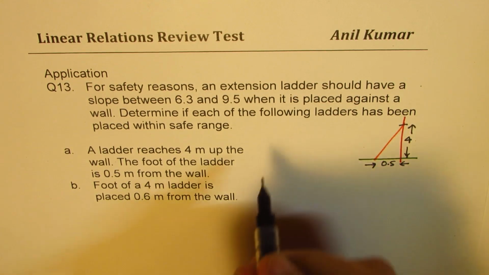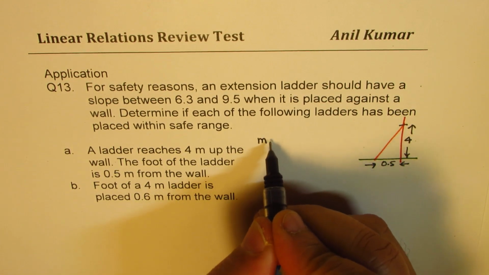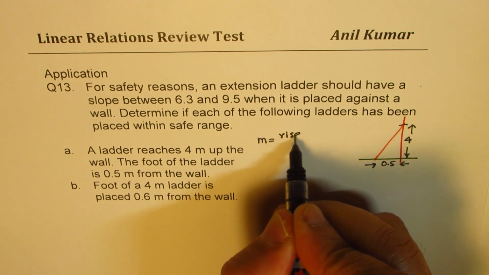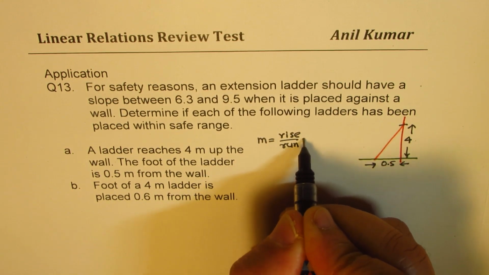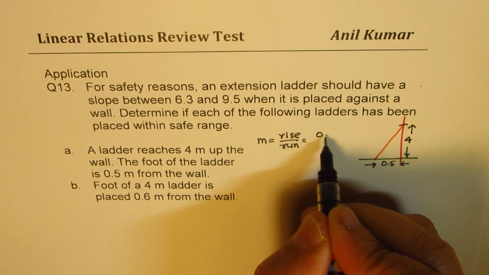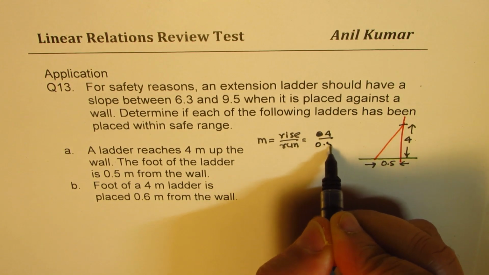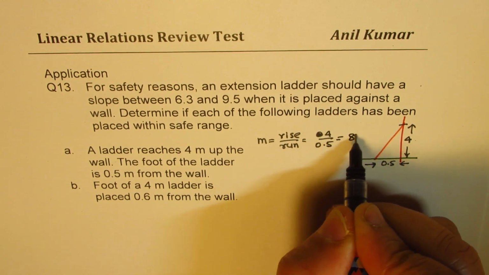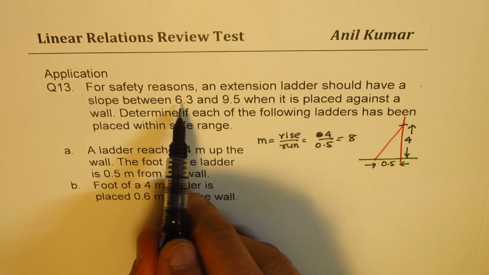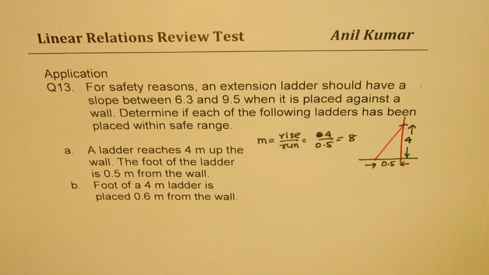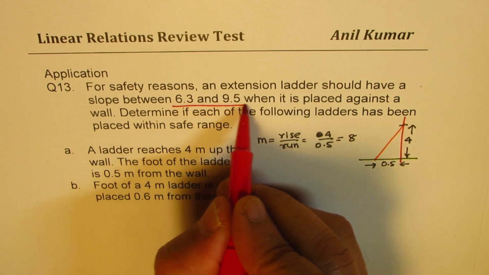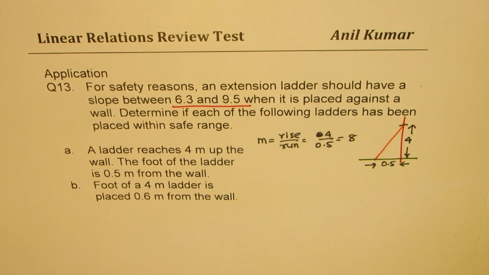So we can directly get rise over run, so slope m is rise over run. In our case, it is 4 over 0.5. When you divide, you get 8, right? Now 8 is within this interval we are checking, so 8 is definitely between these two values, so it is safe.